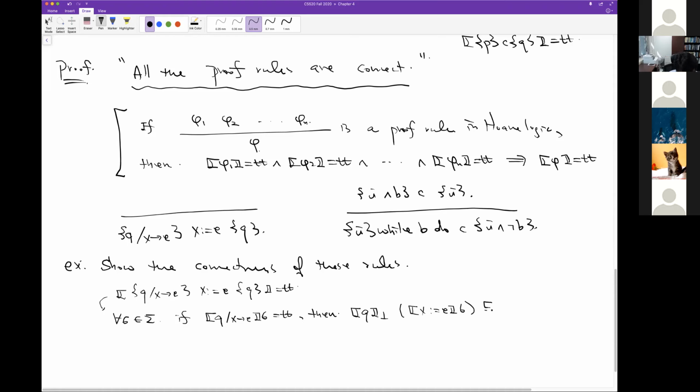This lifting notation means that Q is an assertion. What it does is that it takes states and returns Boolean. And we lift them using bottom.